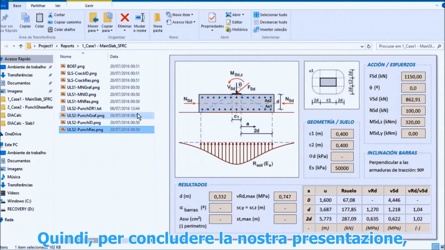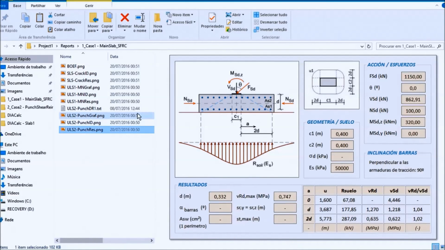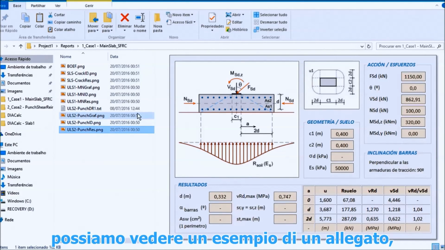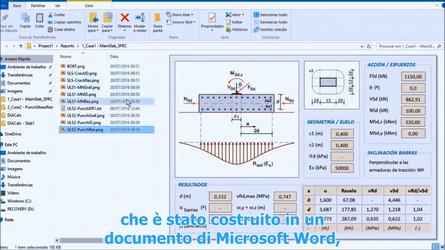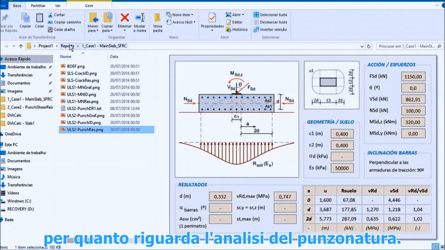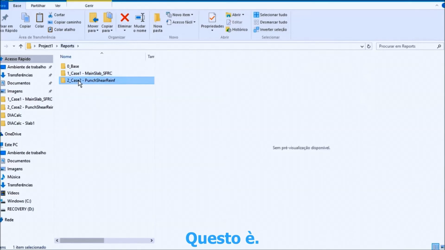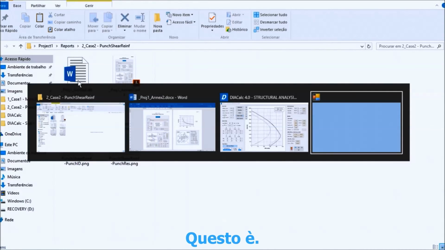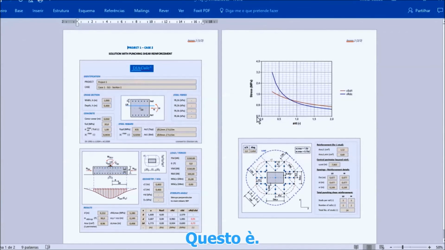So to finish our presentation, we can see an example of an annex which was built into a Microsoft Word document regarding a punching shear analysis. This is it.